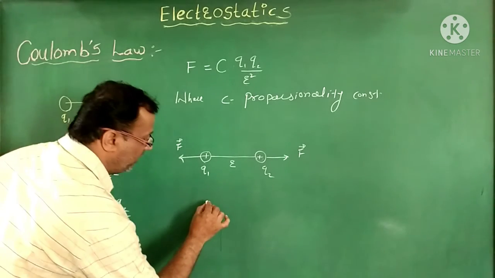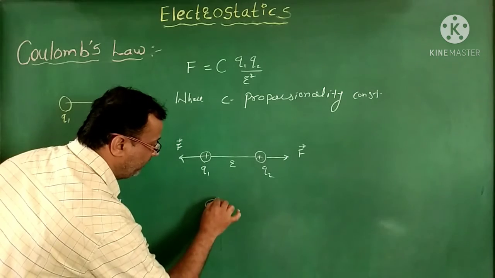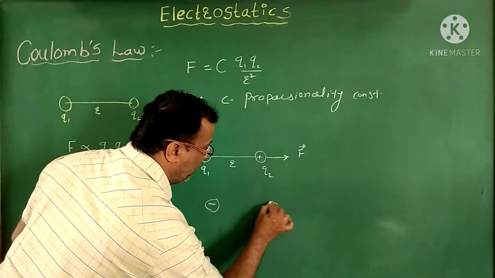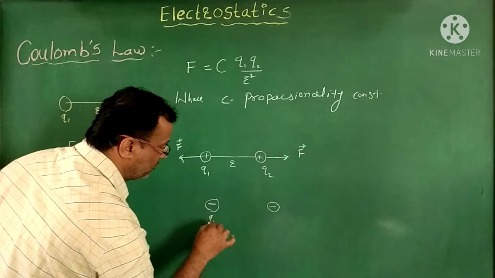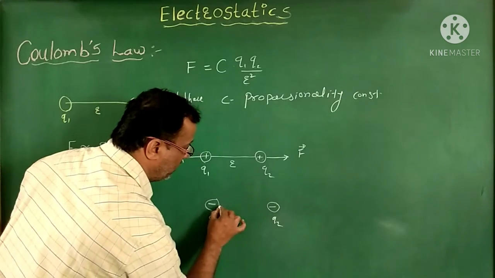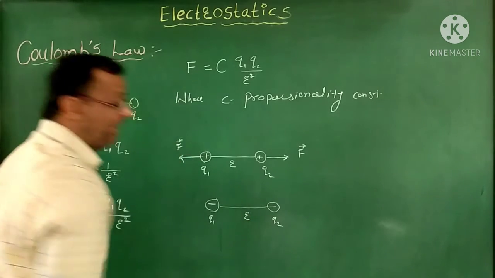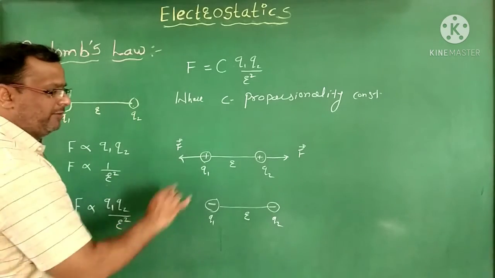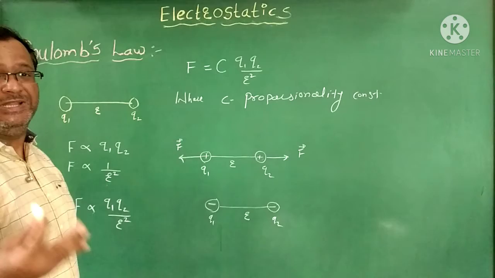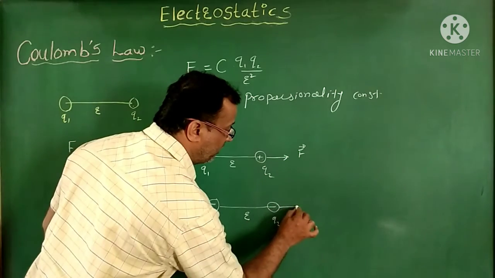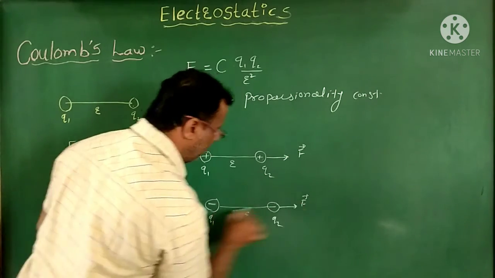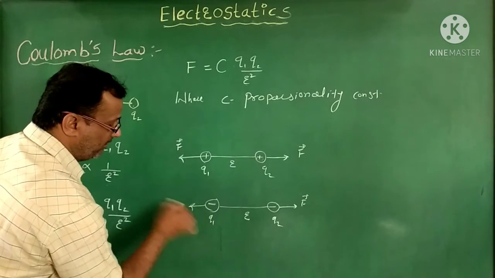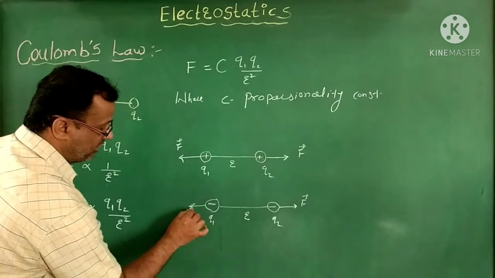Similarly for negative charges. Suppose this is the first negative charge and this is the second negative charge. This will be Q1, this will be Q2. Again both the charges are kept at a distance small r. Again the force between them is repulsive. The force acts on the second one along this direction and on the first one along this direction.